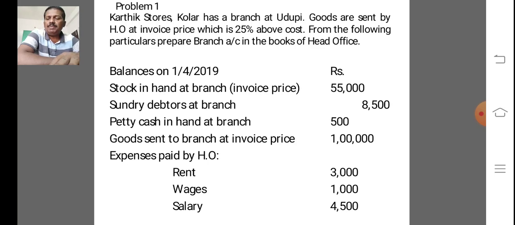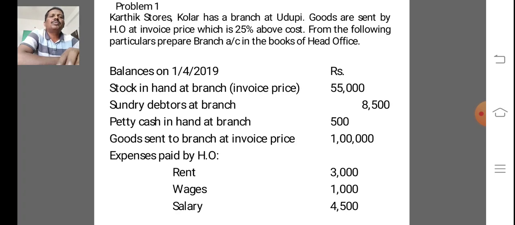So in that case, for the purpose of maintaining confidentiality about the profit margin, head office sends goods to the branch at a price above the cost price.